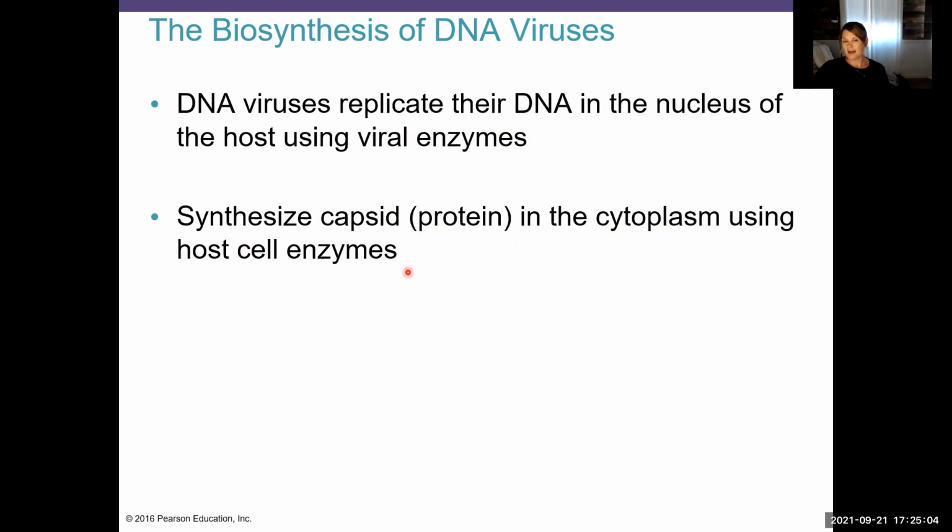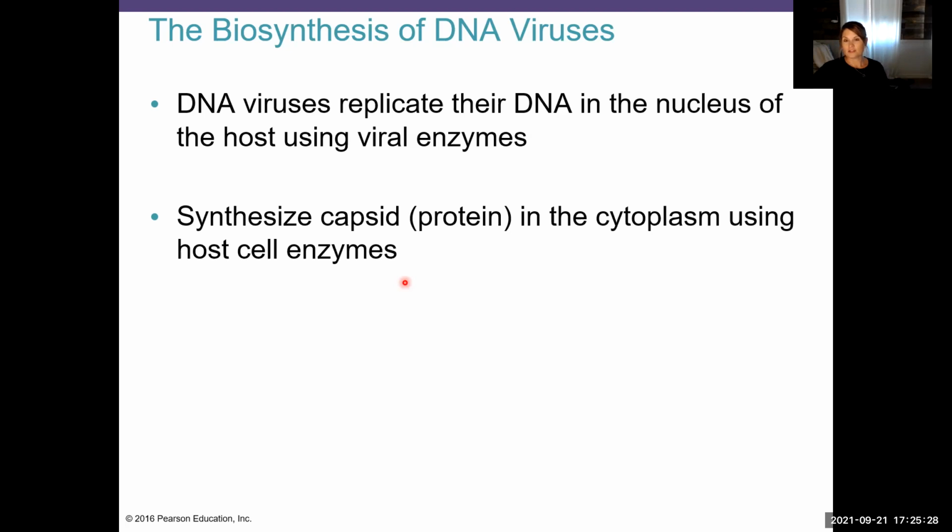So it uses a combination of both viral and host enzymes to make its parts. Makes sense? It's DNA polymerase here, RNA polymerase here, and ribosomes, just like we've already learned. It just happens to be that the virus takes over the cell and makes its own stuff. So nothing too tricky about DNA viruses.